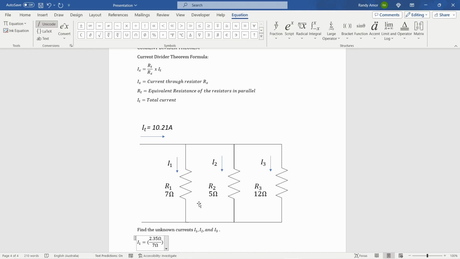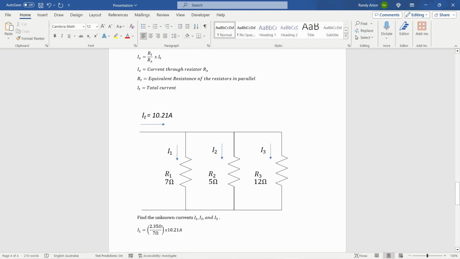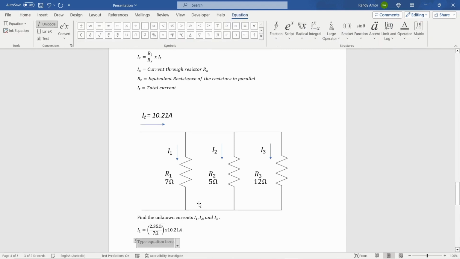And then we multiply that by the total current IT, which is 10.21 amperes. So I1 will be equal to 3.43 amperes.